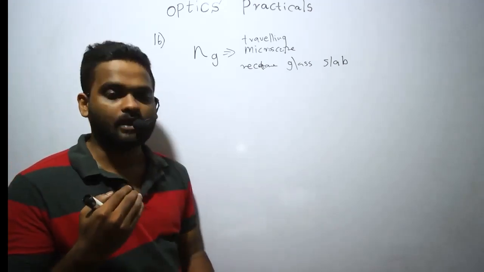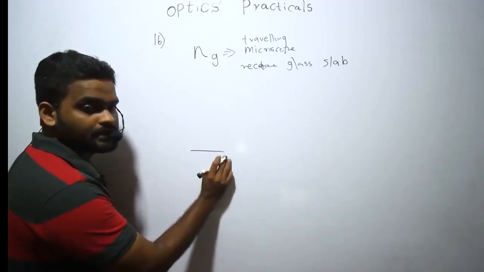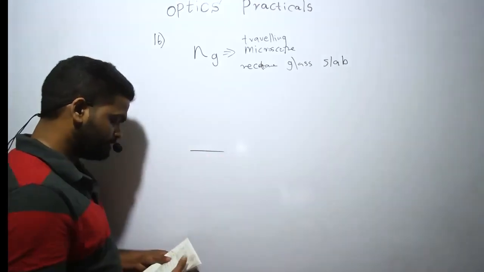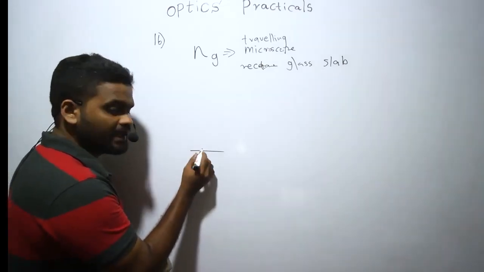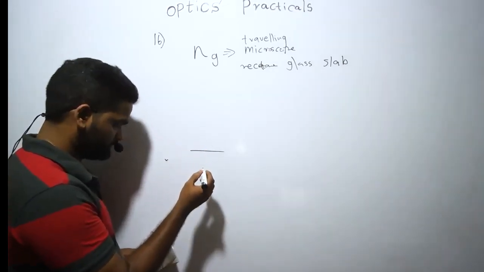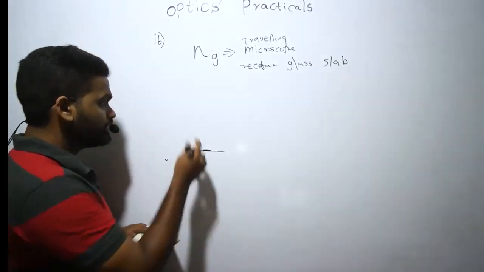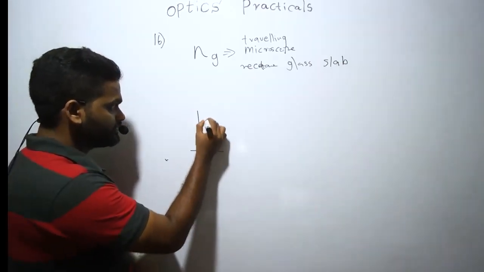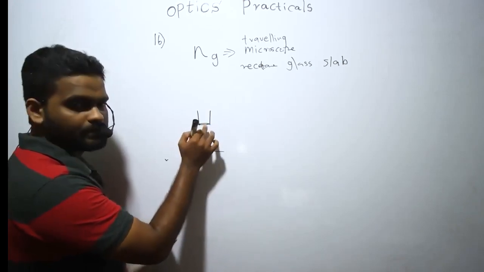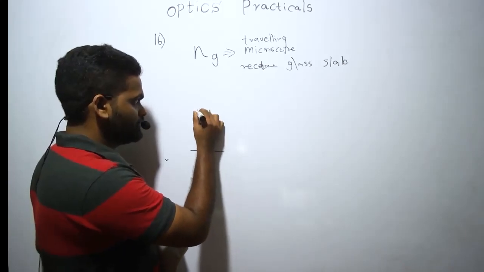Then the first thing you have to do is, this is the base of the traveling microscope, right? You can just take a piece of paper, put a mark on it, and place it on the base. Then you can focus the traveling microscope. I'm just drawing a part of that.